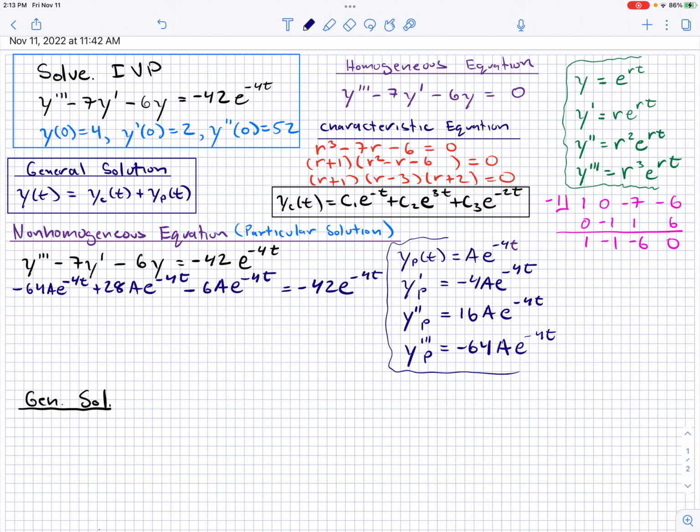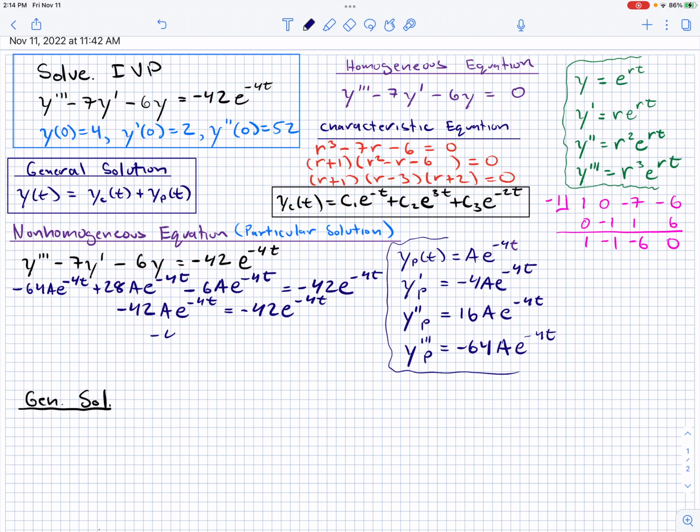Summing all the left side terms, we end up with negative 42a times e to the negative 4t, and that is equal to negative 42 e to the negative 4t.